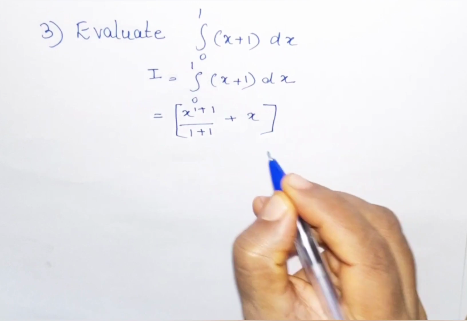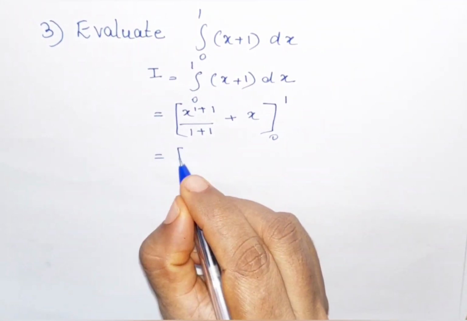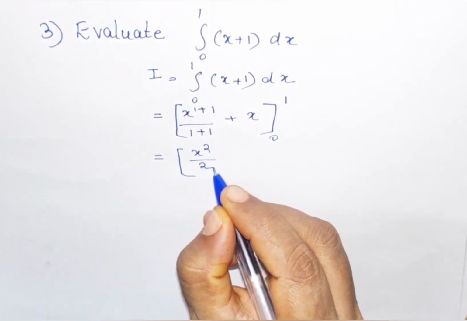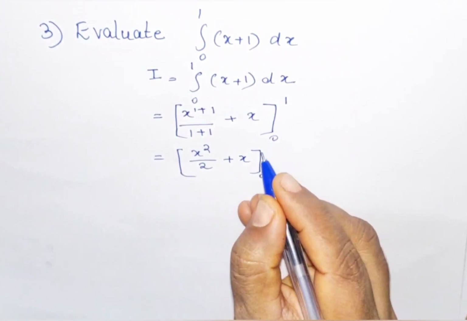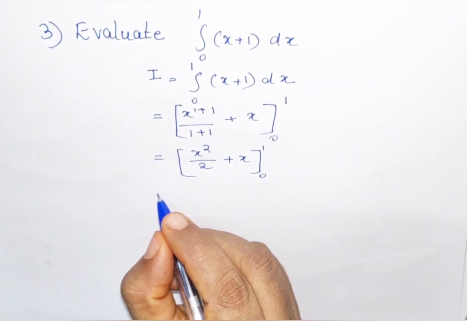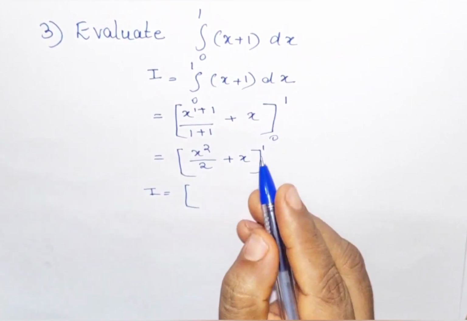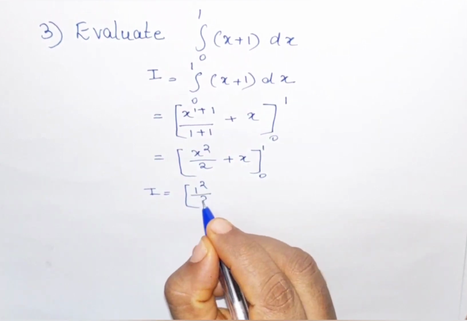And integral 1 is x. Now let us write the limits 0 to 1. So x^(1+1) will be x^2 by 2 plus x, limit 0 to 1. This will be equal to, let us substitute in x place the upper limit minus lower limit.